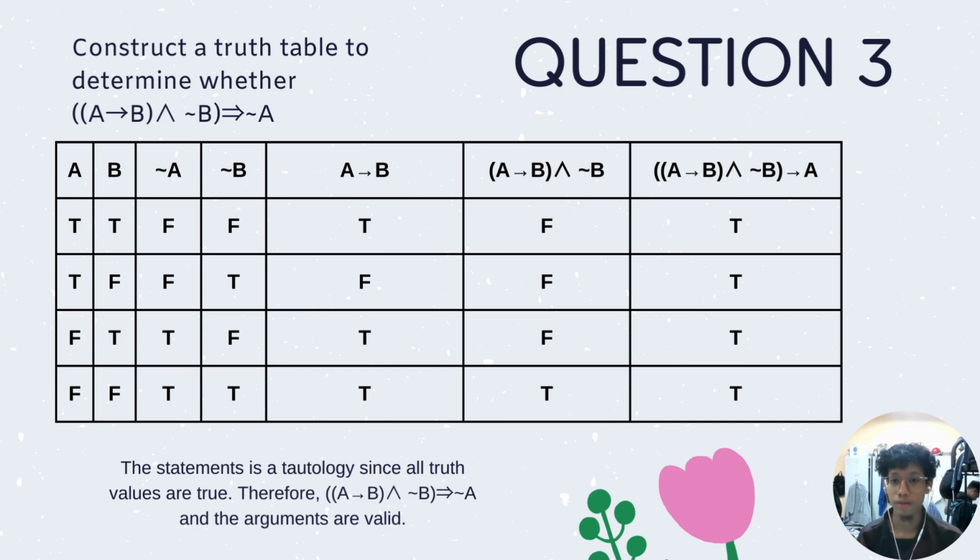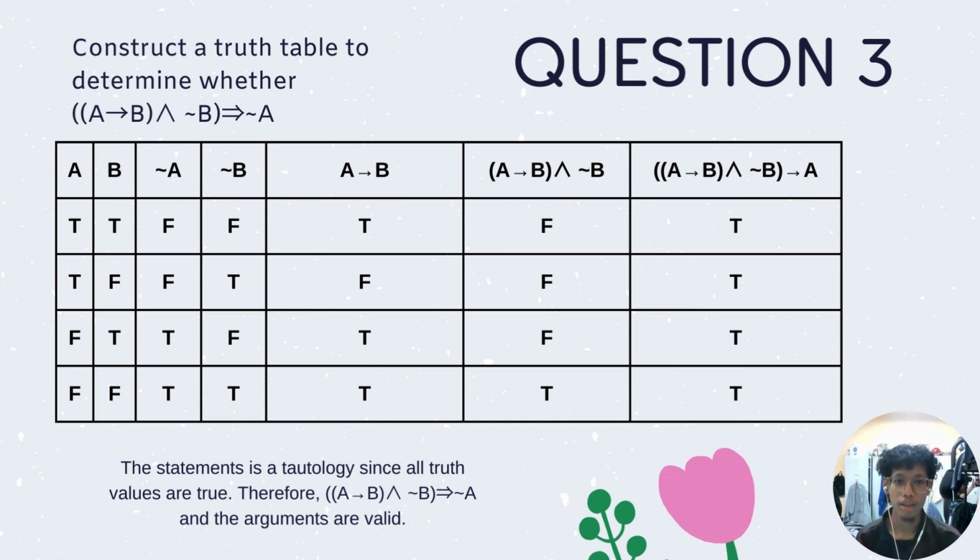The truth values for A will be true, true, false, and false. And for B, it will be true, false, true, and false. For negation of A, it will be false, false, true, and true. For negation of B, it will be false, true, false, and true. Moving on to the next one, A implies B will be true, false, true, and true.